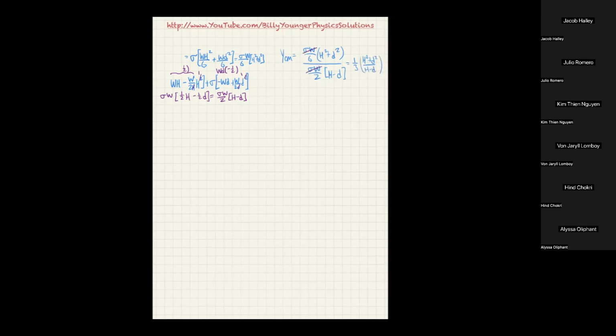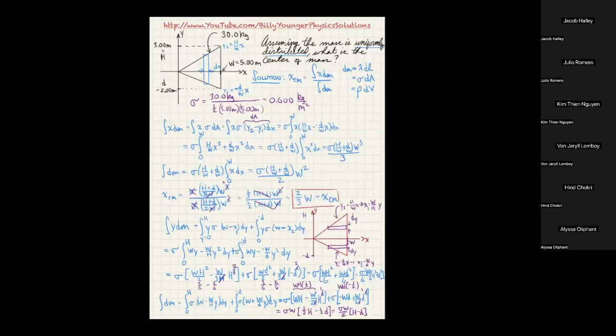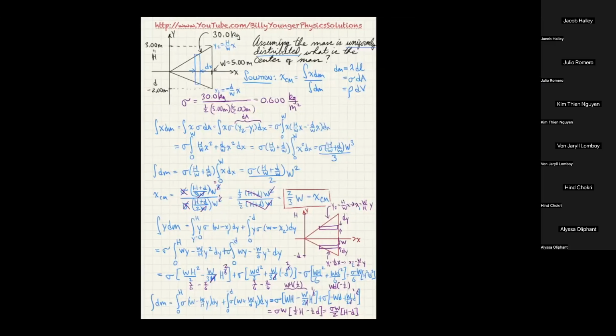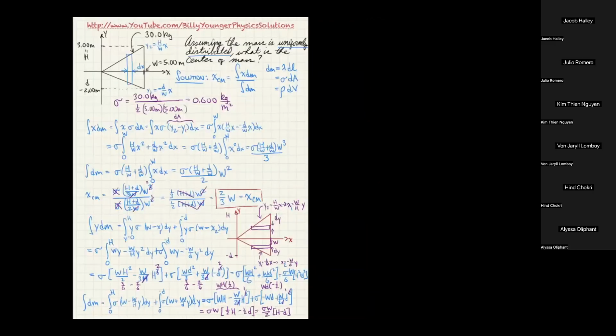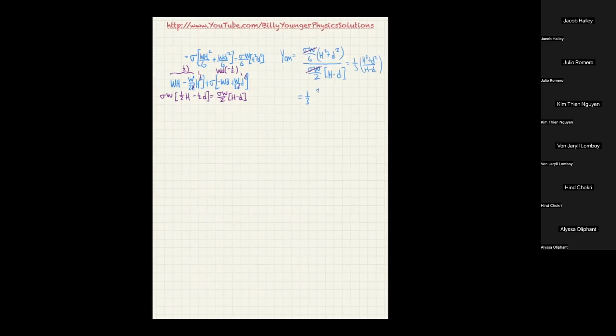So that's just a nightmare, but let's plug it in. We got 1/3 times h squared plus d squared. The h was 3 and the d was -2. So I'm going to say 3.00 meters squared plus -2.00 meters squared divided by 3.00 meters minus -2.00 meters.